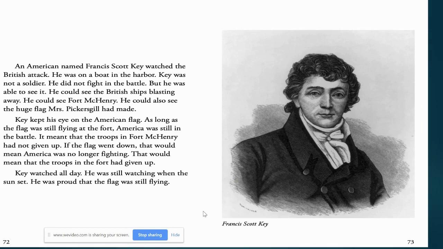Now it is your turn to read. You can pause the video now to take time to read this page to yourself. Make sure to read aloud and model that same expression and fluency that you heard me reading with. We'll spend about 3 minutes on this page. You can go ahead and pause the video now.